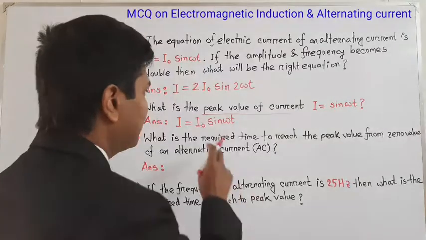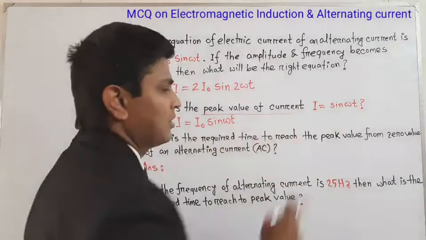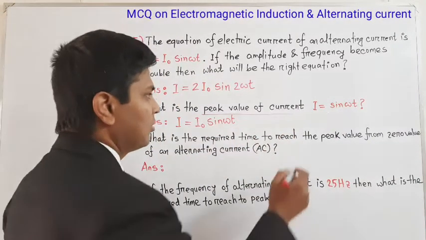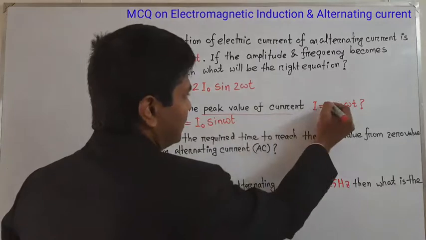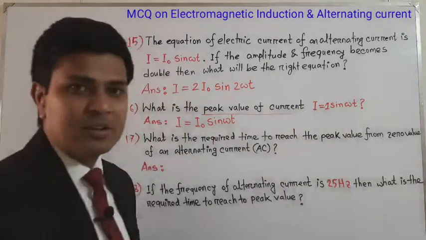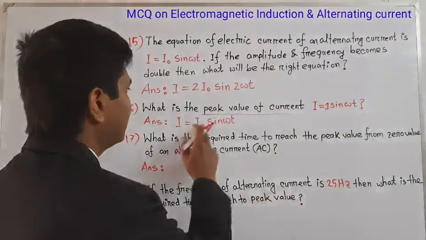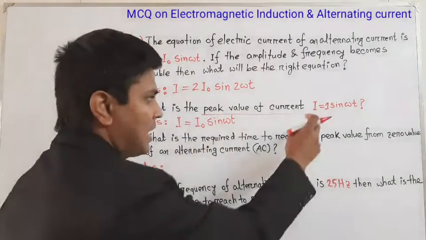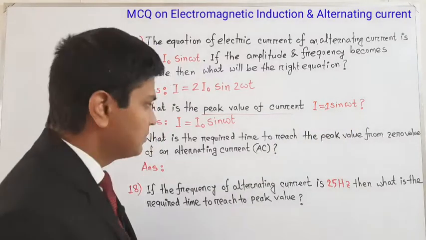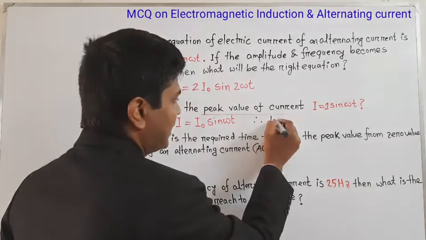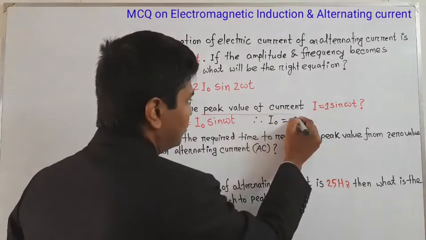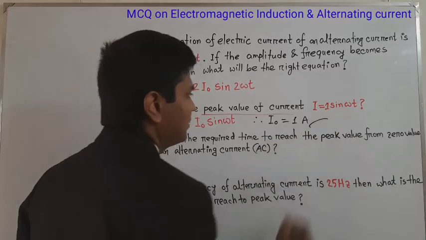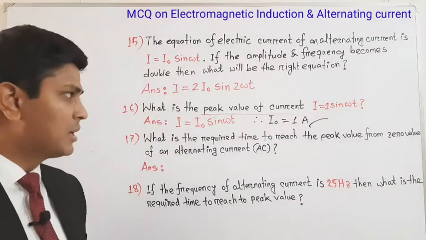And now if you compare this equation with that equation, then you can see here the value of I naught is 1. So we can write here the peak value of the current I equals sine omega t is 1. So we can write I naught equals 1 ampere. This is the answer. Hope you have understood.